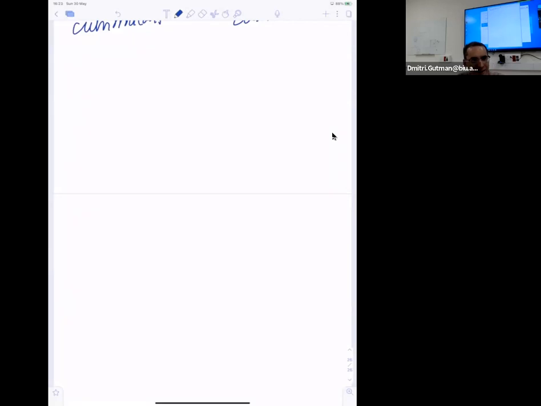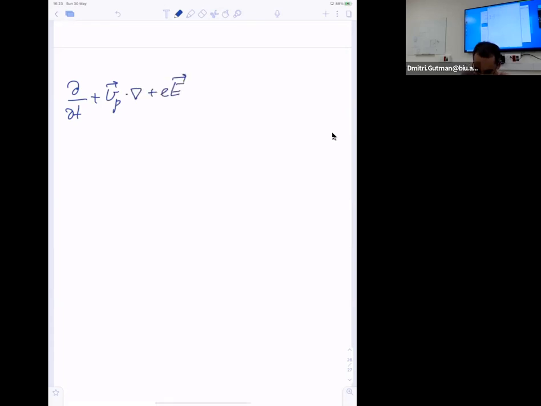Now let's take these ideas and apply them to the Boltzmann-Langevin equation. I remind you that last time we promoted our Boltzmann equation to become the Boltzmann-Langevin equation. Here it is.